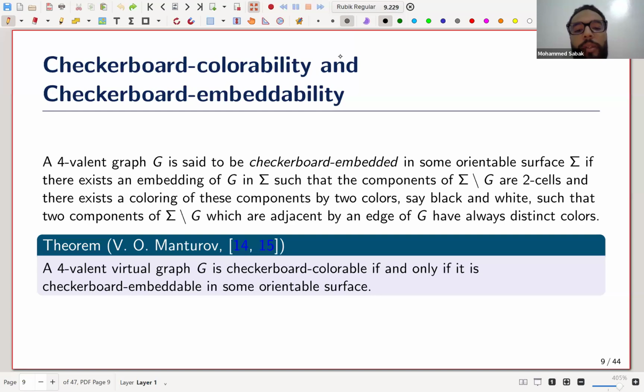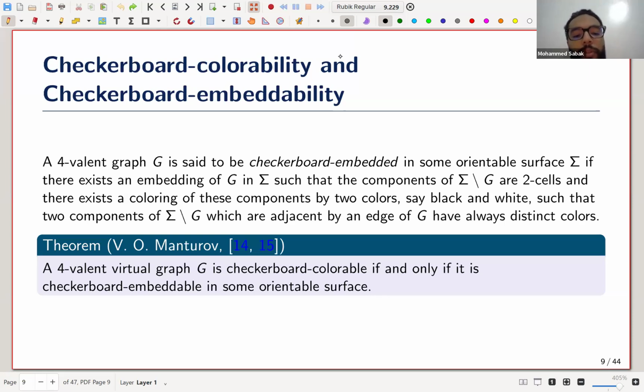There is a topological description of checkerboard colorability. We say that a graph G is checkerboard embeddable in some orientable surface sigma if there exists an embedding of G in sigma such that the complement of G in sigma consists of two-cells, and these cells can be colored by two colors, say black and white, such that any two components of the complement of G in sigma which are adjacent by an edge of G always have distinct colors.